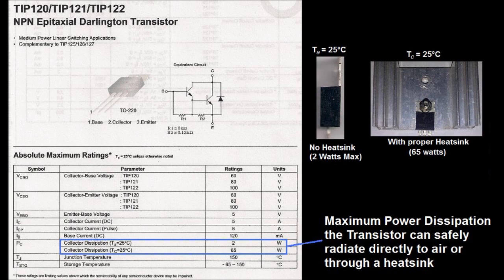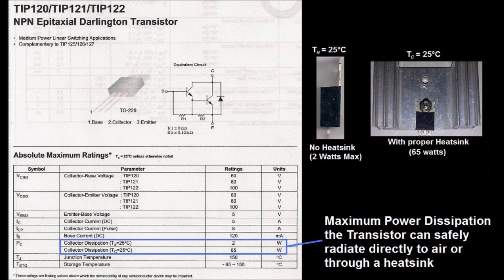The second part identifies if it's connected to a heat sink. This is a TC equals 25 degrees centigrade, which is again room temperature. This identifies that if the transistor is connected to a proper heat sink, then this transistor can dissipate up to 65 watts.